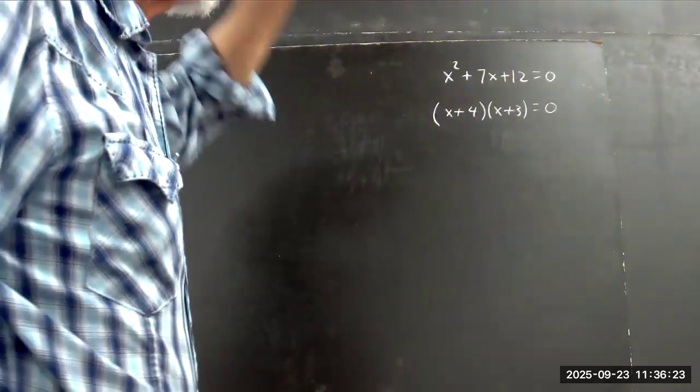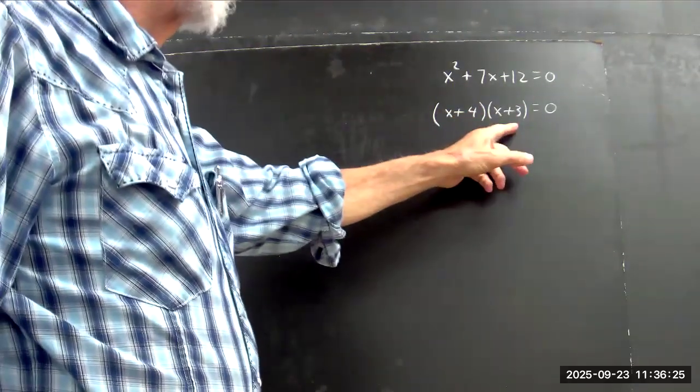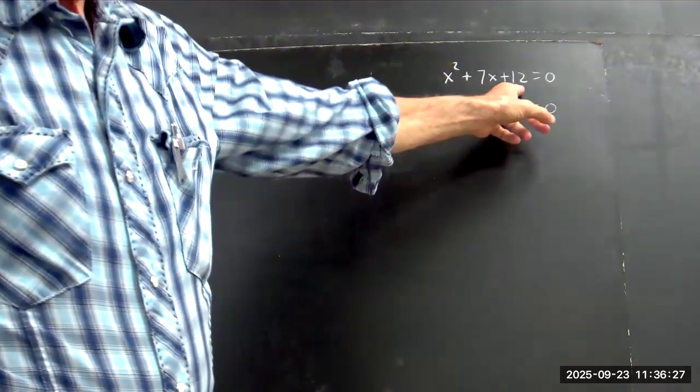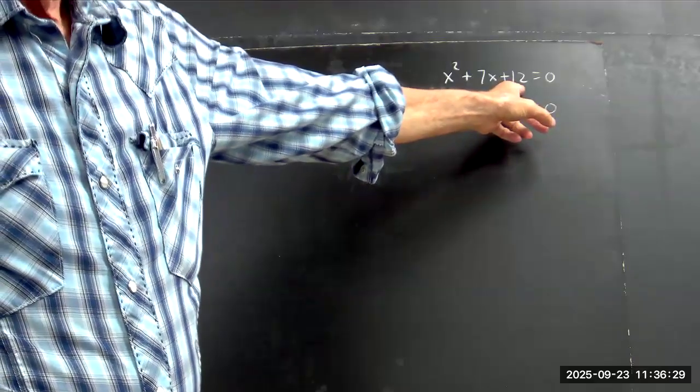Now, how do I know it's 4 and 3? Well, these two numbers have to multiply to give you this.